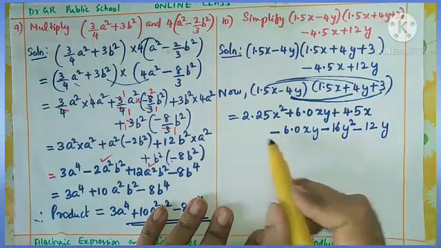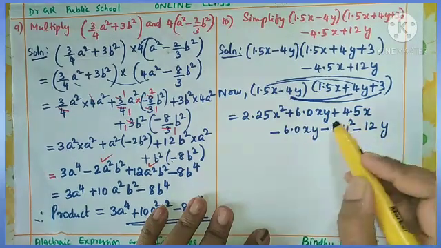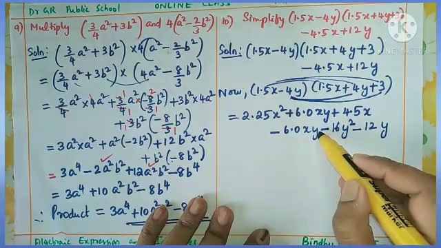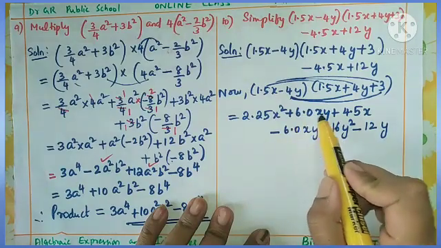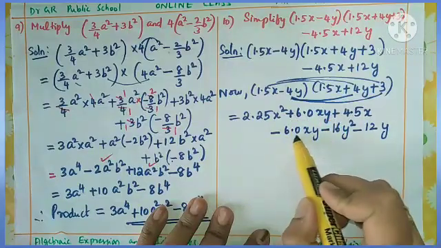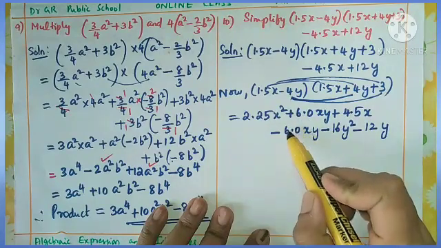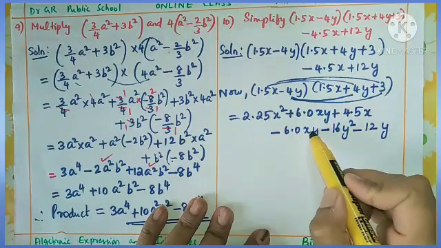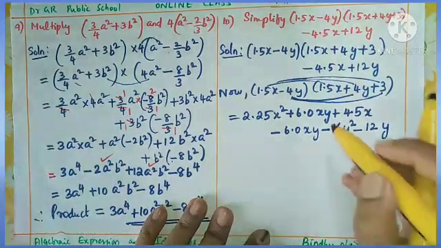Okay. Now here you see any like terms present? Yes. Here there is one xy term, and here you can see that plus 6.0. 6.0 means 6. So plus 6xy minus 6xy. What happens when these two are combined? Same coefficient, same variable. One is plus, another is minus. What happens? Yes, it becomes 0.